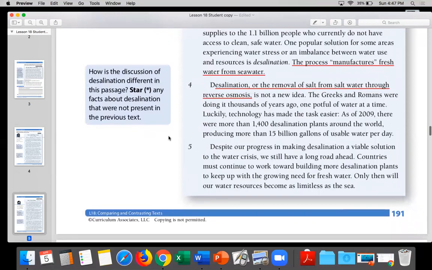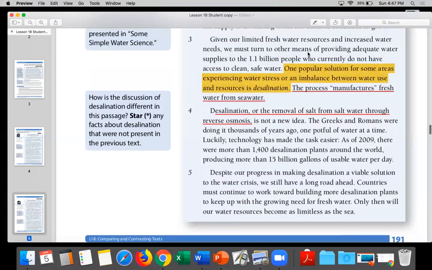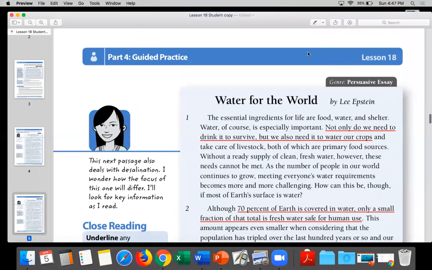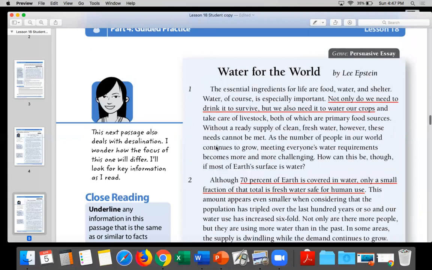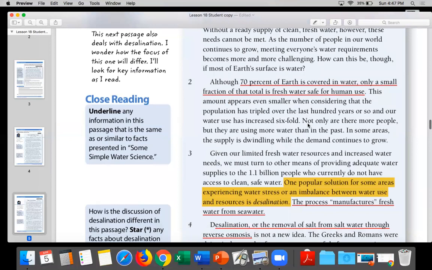Paragraph 3, near the end. One popular solution for some areas experiencing water stress or imbalance between water use and resources is desalination. Okay, so this is different from that other one because, hold on, can't remember where it was.